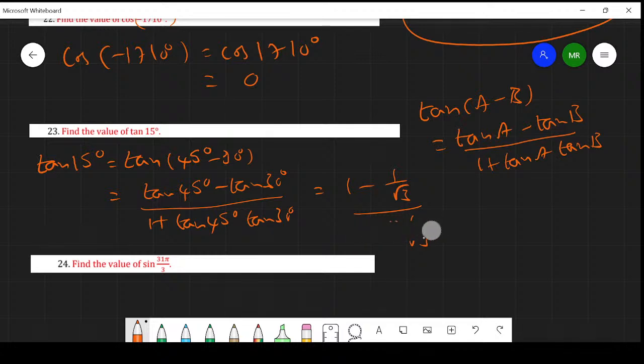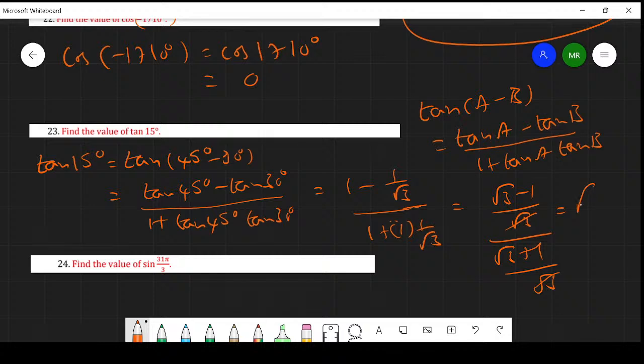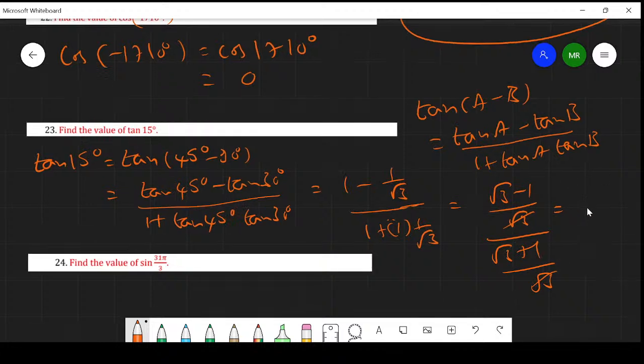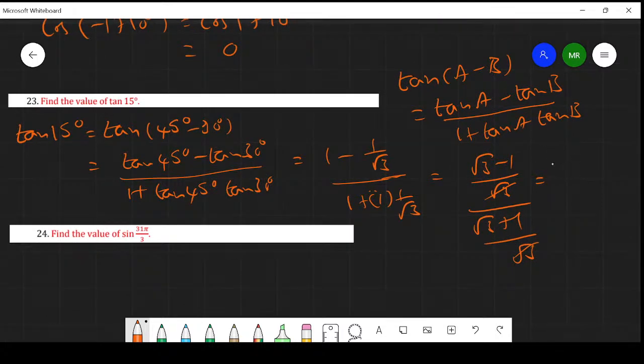Be careful here. You take the LCM. Numerator: root 3 minus 1 by root 3. Denominator: root 3 plus 1 by root 3. Root 3 cancels. Your answer will become root 3 minus 1 by root 3 plus 1.